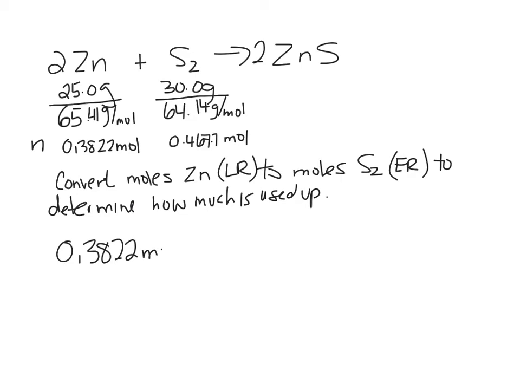So, 0.3822 moles of zinc. The ratio is 1 to 2. We have zinc, so it goes on the bottom. We want sulfur, so it goes on the top.